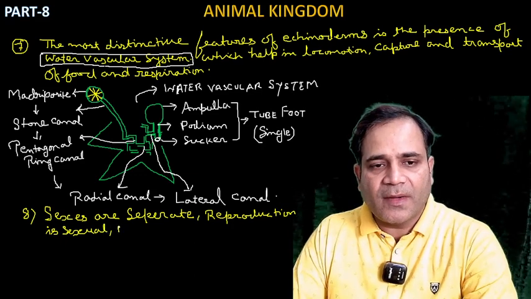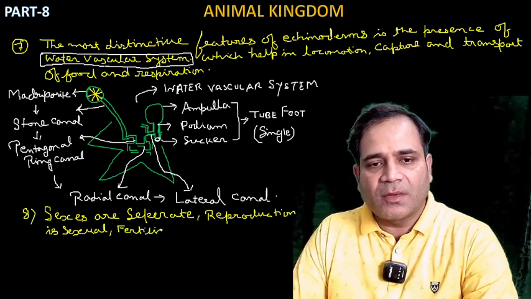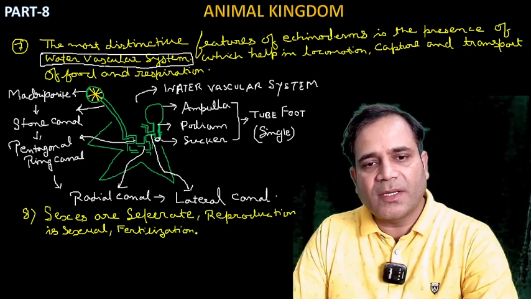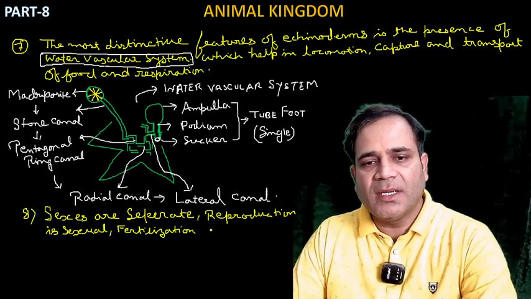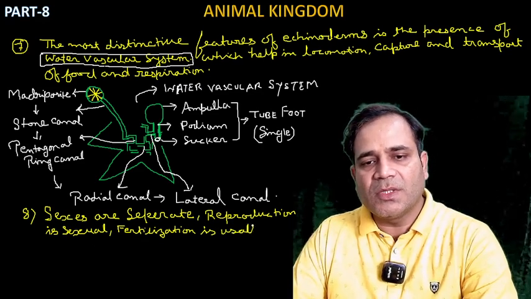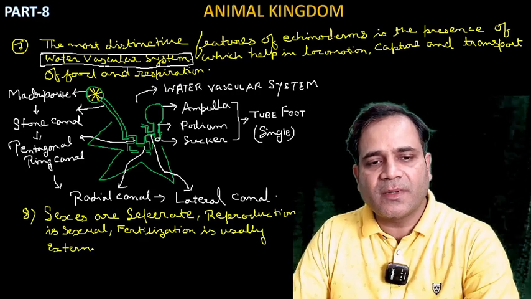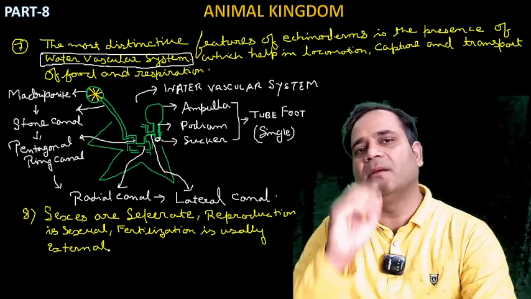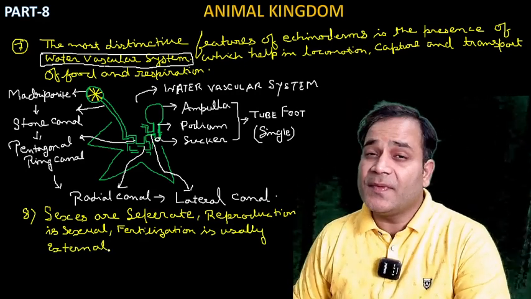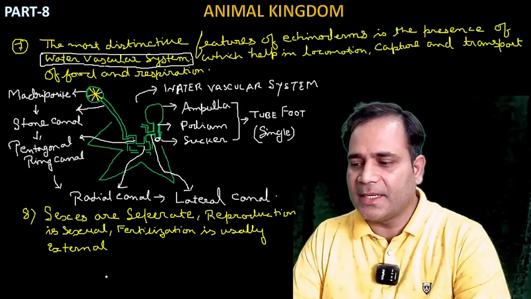Okay. So if the sexes are separate here, the reproduction is sexual. Now, if anybody asks you about the fertilization, what do you say? Fertilization is usually external. External fertilization means the fusion of gametes outside the body. Correct?